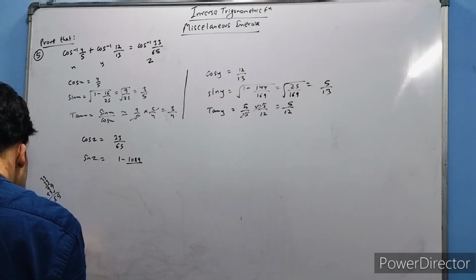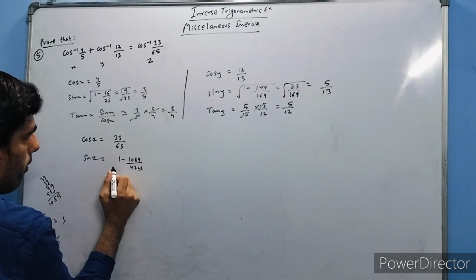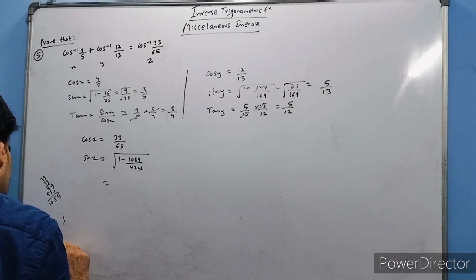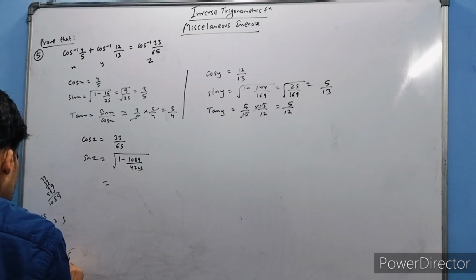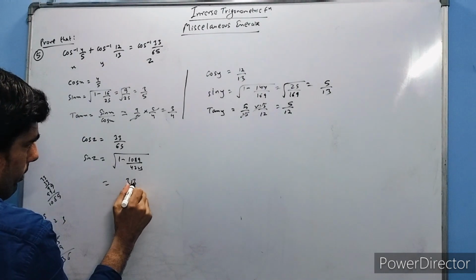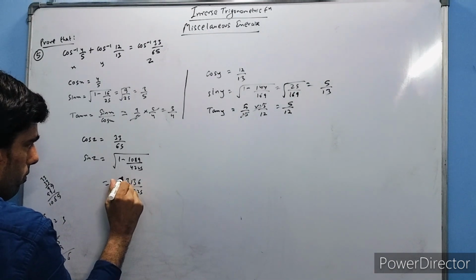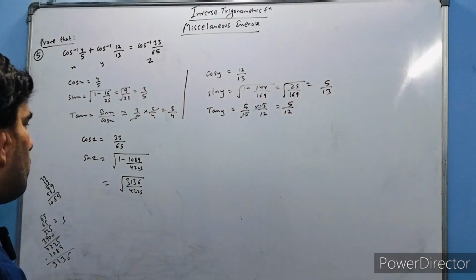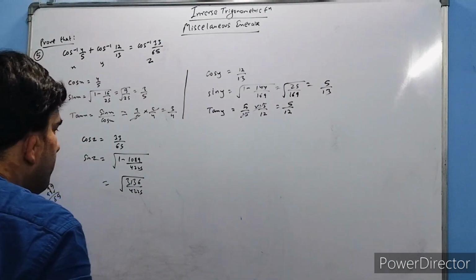So I got here 3136. Now we'll try to find the square root of 3136.